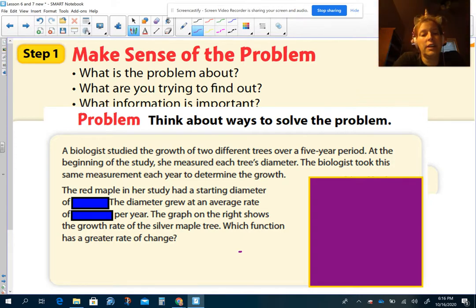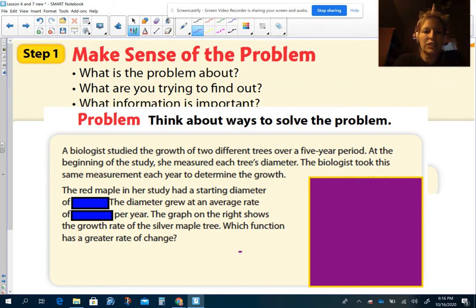The red maple in her study had a starting diameter of blank. The diameter grew at an average rate of blank per year. The graph on the right shows the growth rate of the silver maple tree. Which function has a greater rate of change? Pause my video. 3, 2, 1. Let's see how you did.